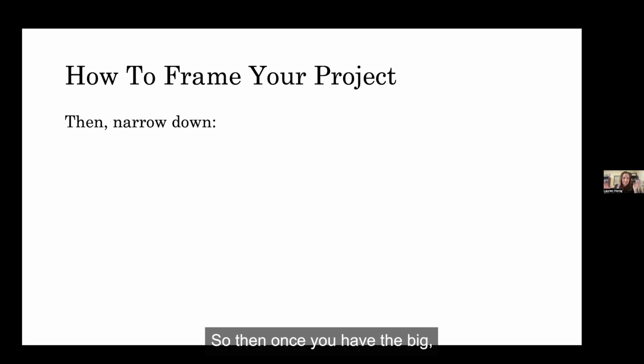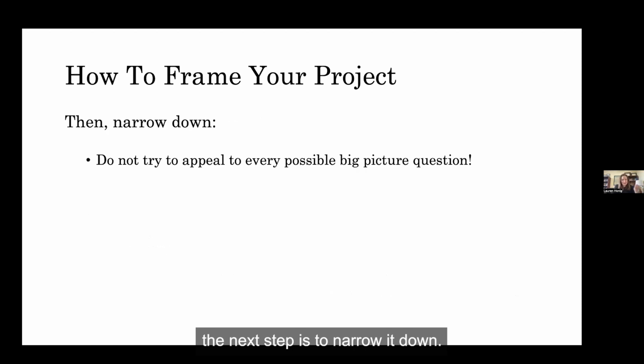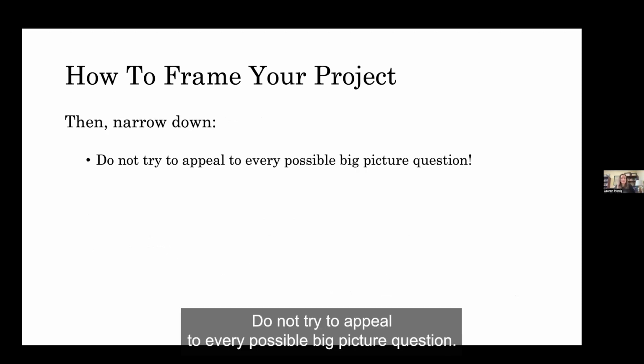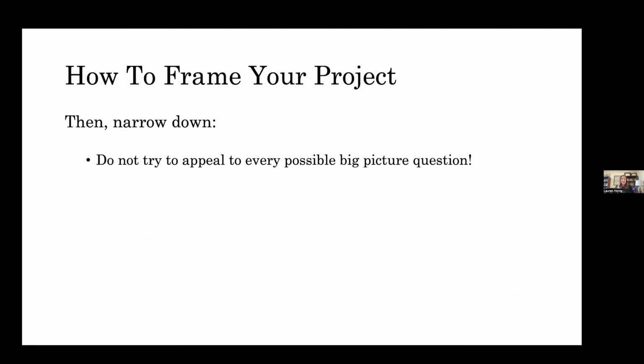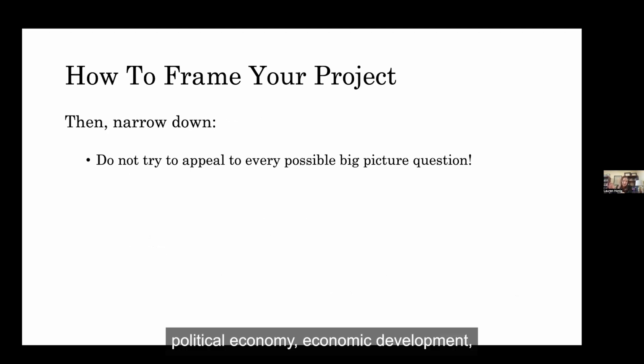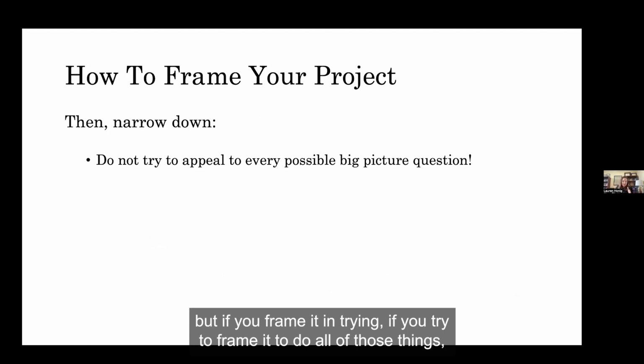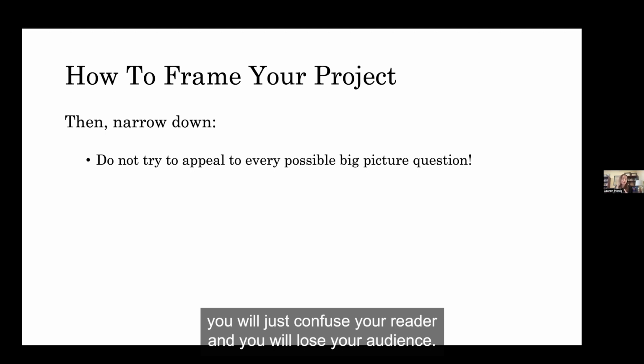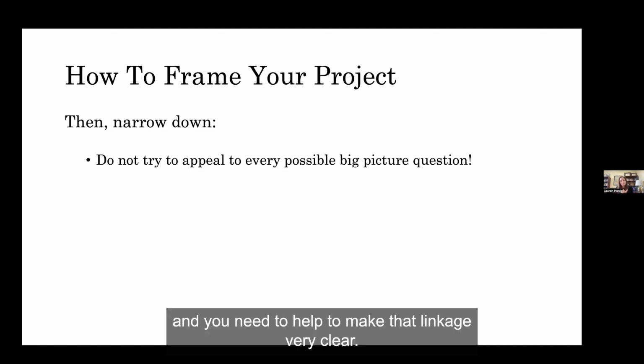So once you have the big picture, the next step is to narrow it down. Do not try to appeal to every possible big picture question. It is true that your research may inform democratization, political economic development, party building. It could do all of those things, but if you try to frame it to do all of those things, you will just confuse your reader and you will lose your audience. So you want to have an audience that you're contributing to, and you need to help make that linkage very clear.